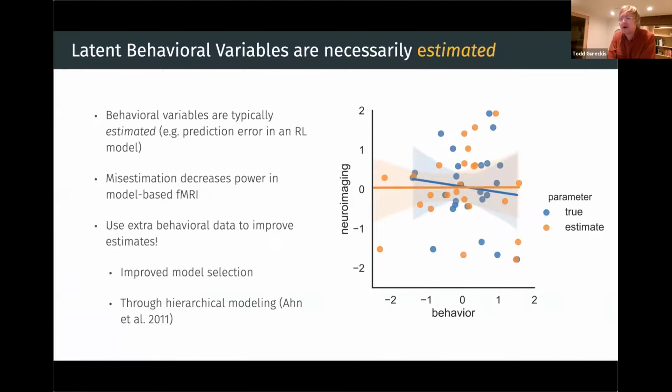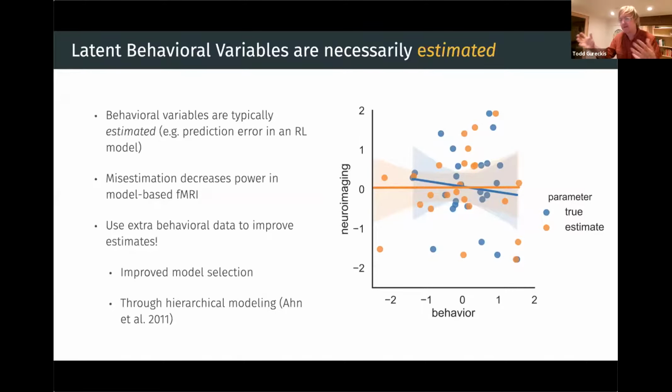So you can think of a case where, here again, you might argue that using extra behavioral data, possibly collected more cheaply and not in the context of neuroimaging measurements, might improve these estimates. There are a number of reasons why that's obviously the case. If you are fitting a model and the model has been validated on a large number of stimulus conditions, lots of different combinations of experiment conditions, then you can probably do improved model selection.